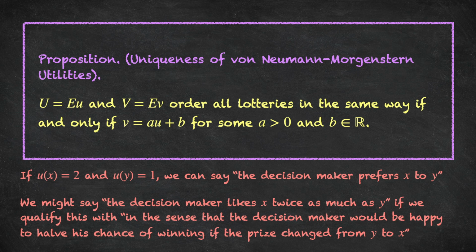Normally, with ordinal utility, we wouldn't say that the decision maker likes x twice as much as y. In this case, however, we might say the decision maker likes x twice as much as y, as long as we qualify this with in the sense that the decision maker would be happy to halve his chance of winning if the prize changed from y to x. So it's a qualified way of describing this comparison.